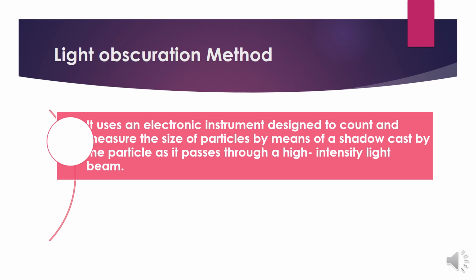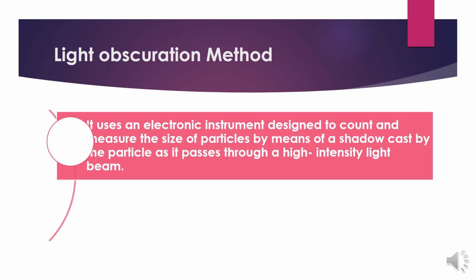The light obscuration method uses an electronic instrument designed to count and measure the size of particles by means of a shadow cast by the particle as it passes through a high intensity light beam. So the instrument is designed to both count and check the size of the particle by the shadow cast.